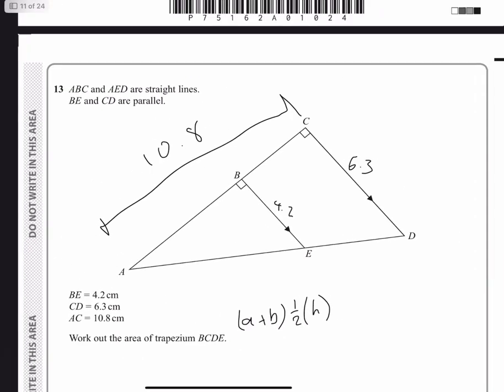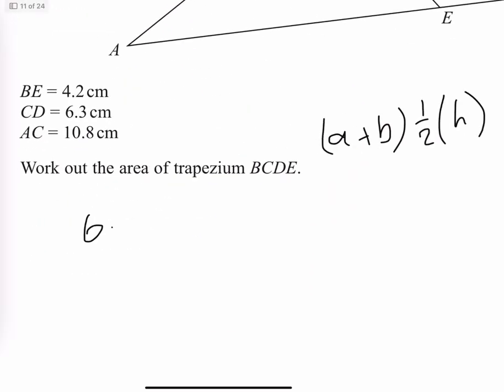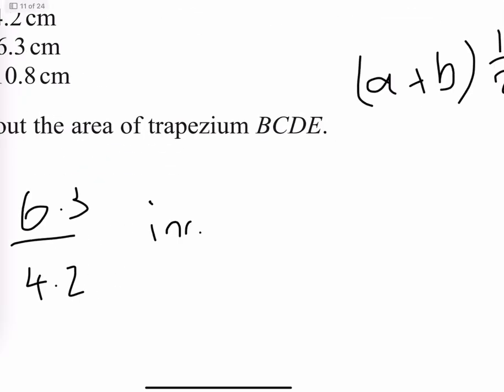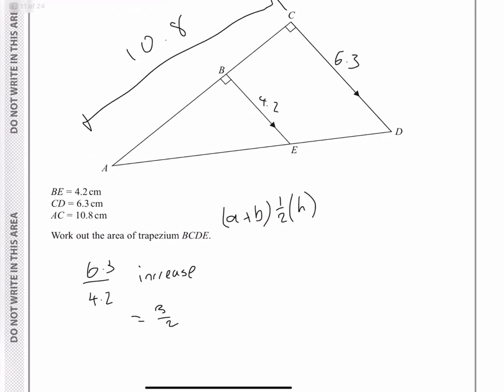So this is a similar shapes question. From the smallest shape to the biggest shape, what's the increase? We have 6.3 over 4.2 is the increase, which, type it into your calculator, equals 3 over 2. Very nice, okay. Which means we need BC. That's the only value we still need. So if we work out AB, we can then get BC.